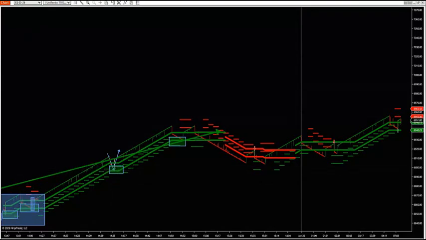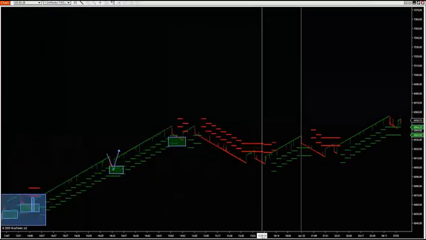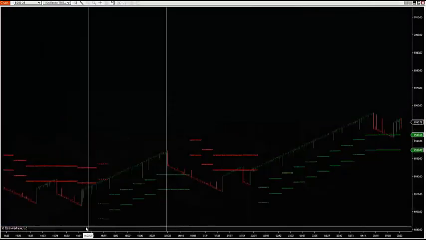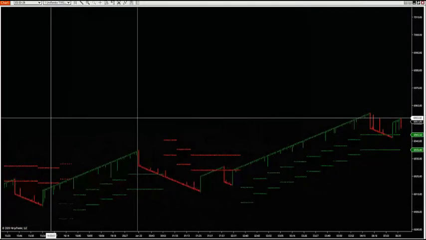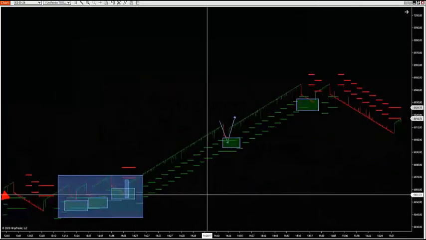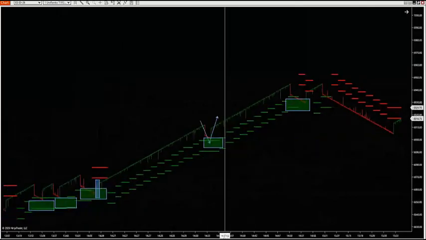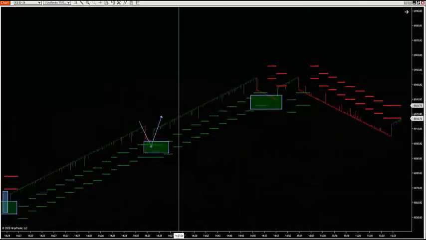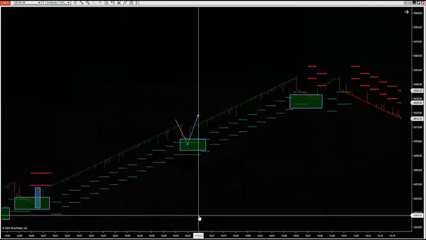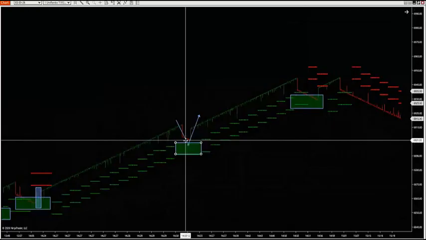So if I were to put this on here, let's get the trend filter off there completely. And let's just take a look at these zones. So you can see what the market's doing. Look how it comes right inside the zone without anything else.